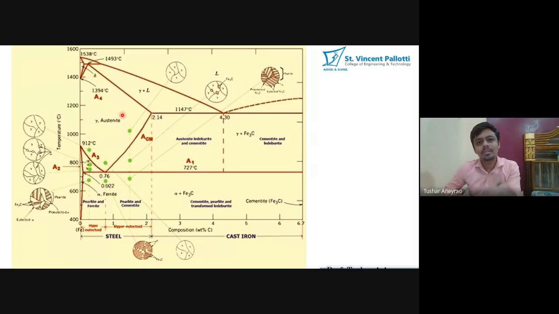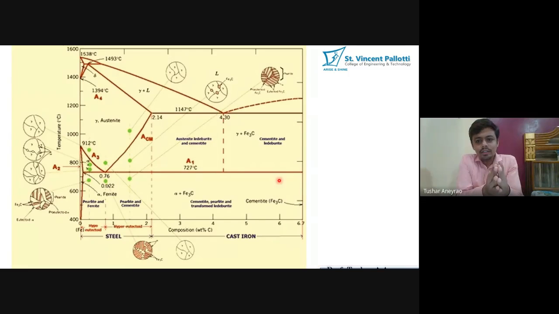For example, if cementite is there, then this 1.8% carbon will get converted into 6.7% carbon locally, and this will create chaos in that system.